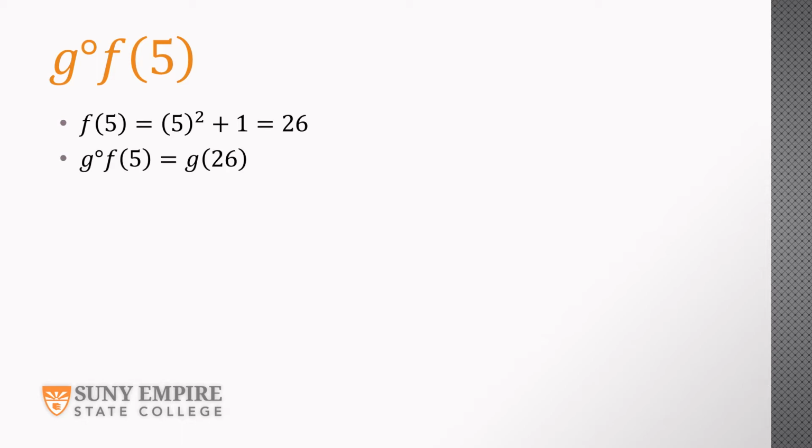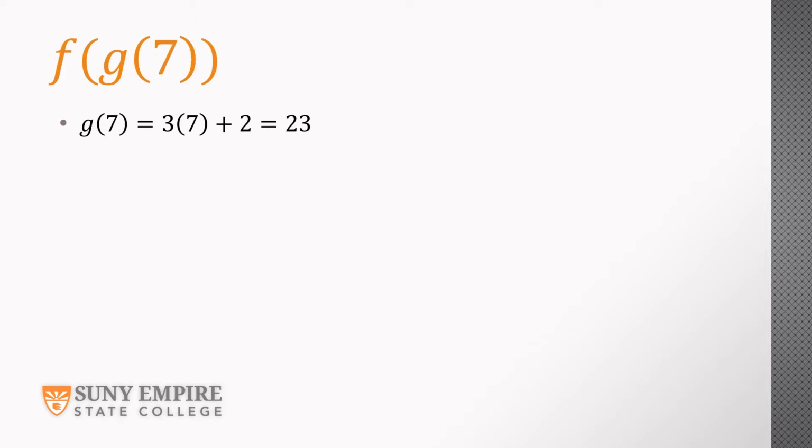This answer becomes the input for the function g. Now we need to find g(26). Plugging in, we have 3 multiplied by 26, plus 2. g following f of 5 equals 80. What if we want to find f(g(7))? First, we need to find g(7).